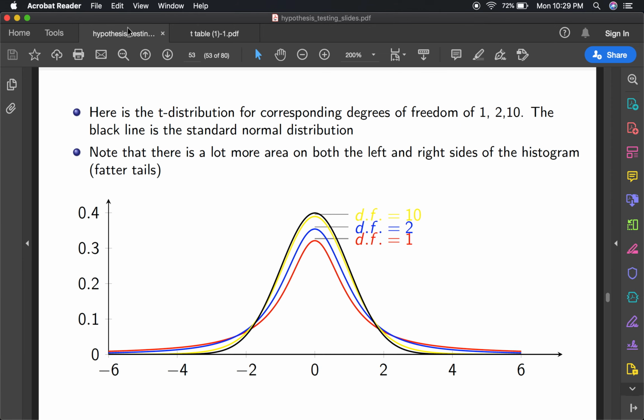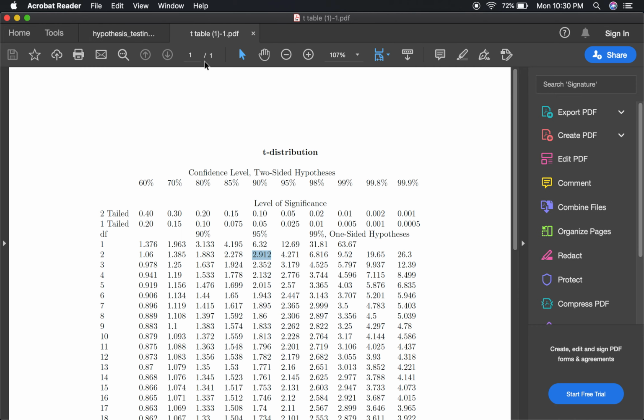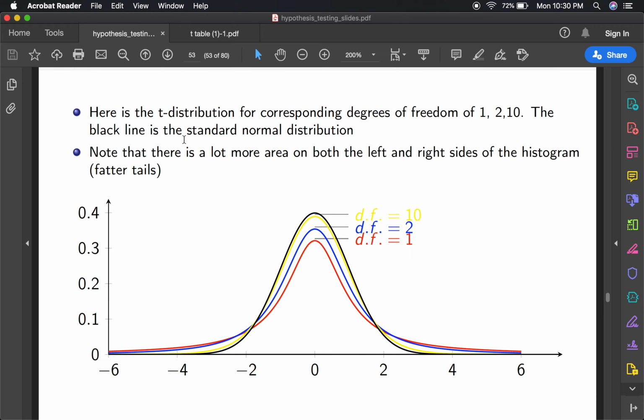You can see that back here on this graph, this gap between the red line and the blue line. And if you have the yellow line, it's kind of hard to see, this corresponds to degrees of freedom of 10, 11 observations, and you can see that the critical values fall sharply here. The black line represents the normal distribution.